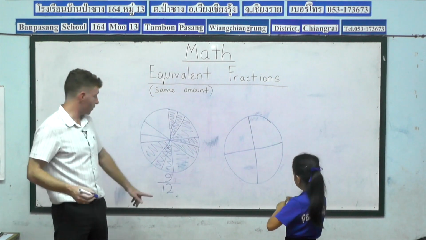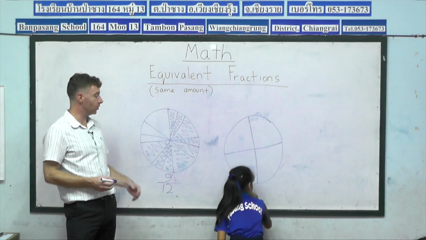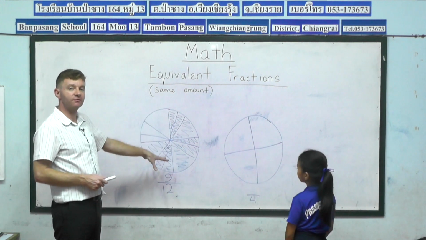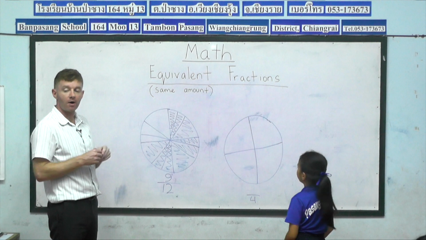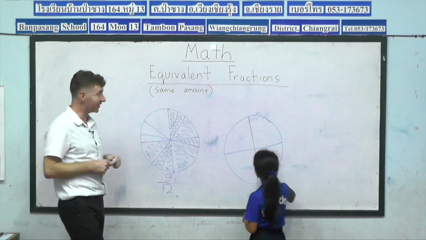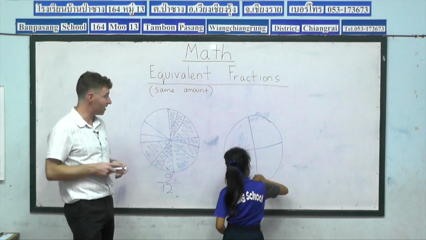So what's our bottom number, guys? 4. Our denominator is 4. Now who can look at our fraction here, 9/12, and tell me how many parts need to be coloured into blue? 3. Perfect, yes. See, you understand about equivalent fractions.